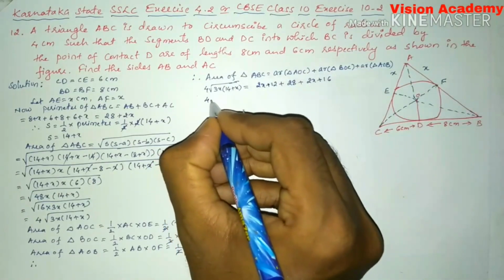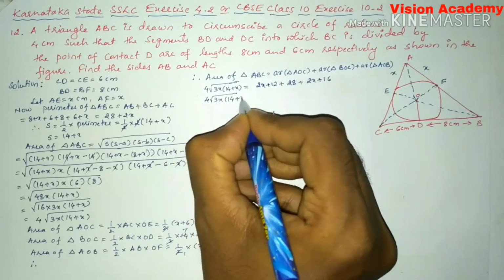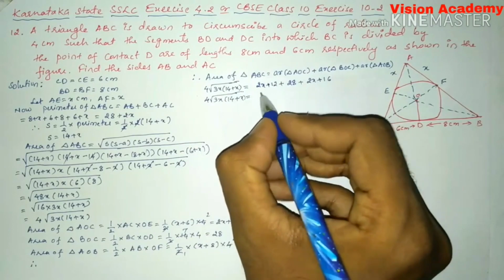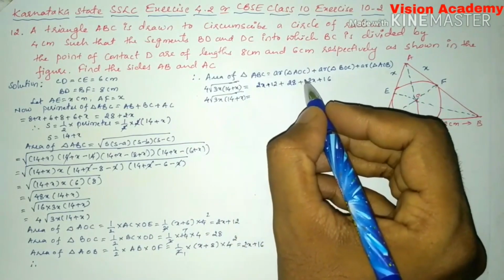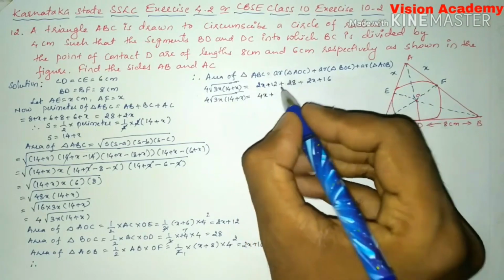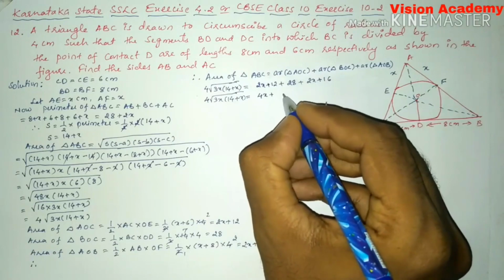Now let us simplify. 4 square root of 3x into 14 plus x is equal to, here 2x plus 2x is 4x, plus 12 plus 28 plus 16 gives us 56.